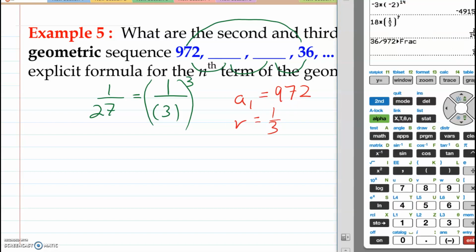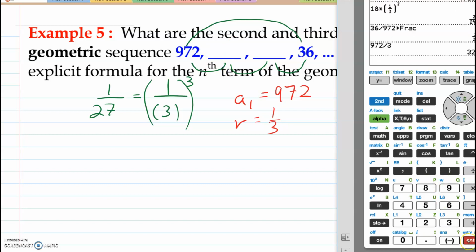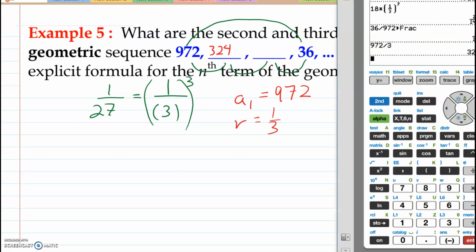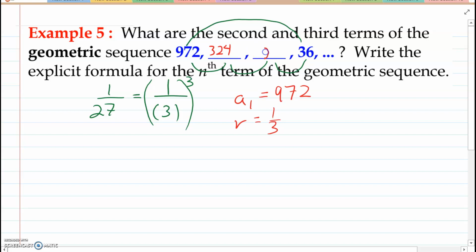So if I am trying to find this, I can say that 972 divided by 3 is going to get me 324. And then if I multiply that by 1/3, that's the same thing as dividing by 3 again, which is going to get me to 108.